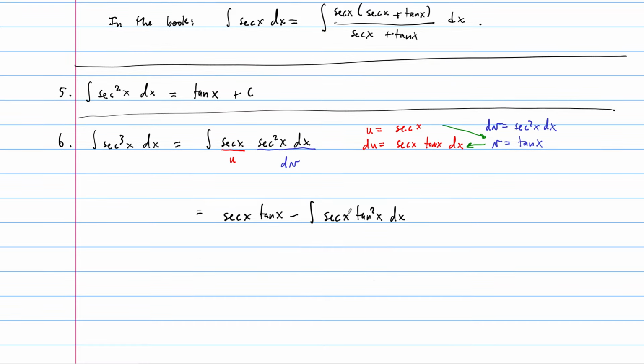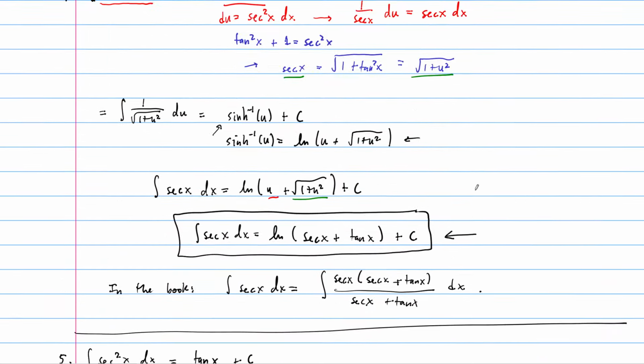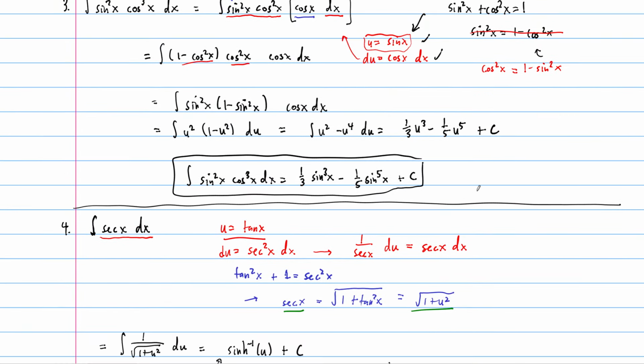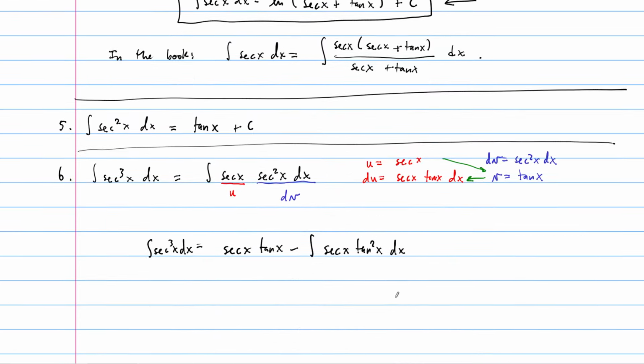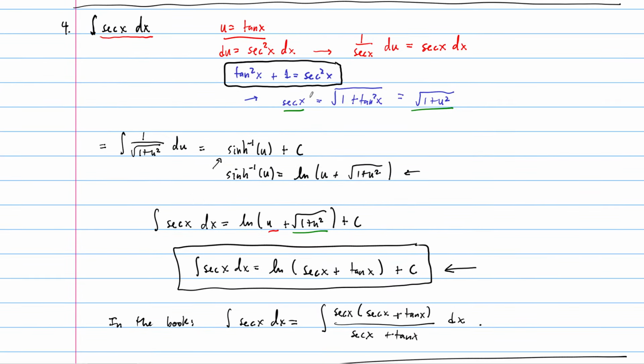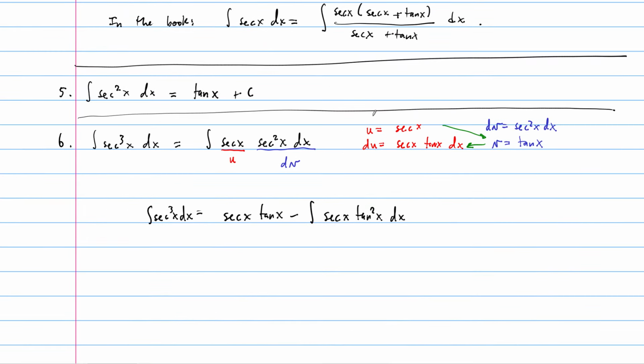But at this point, and remember this is all equal to secant cubed x dx, we can make a substitution, all right? So we can go up and remind ourselves, where did we have it? So right here, right? Tangent squared x plus 1 is equal to secant squared, right? So we can replace this tangent squared with secant squared minus 1, actually.